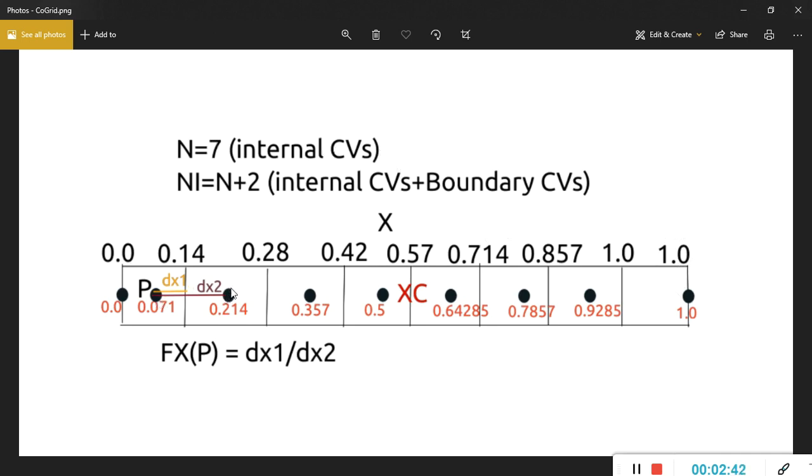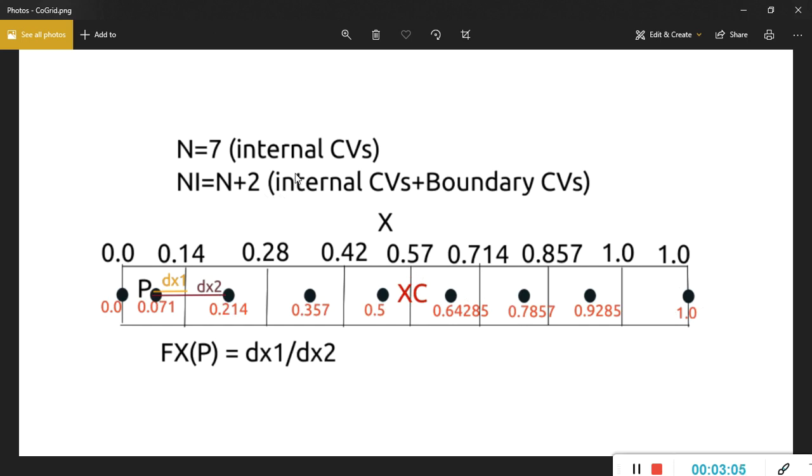So it's 1, 2, 3, 4, 5, 6, 7. And at the same time, we also denote some control volumes for the boundaries. So that will be one on this side and one on that side. So that makes it 9 control volumes, but internal 7 control volumes.